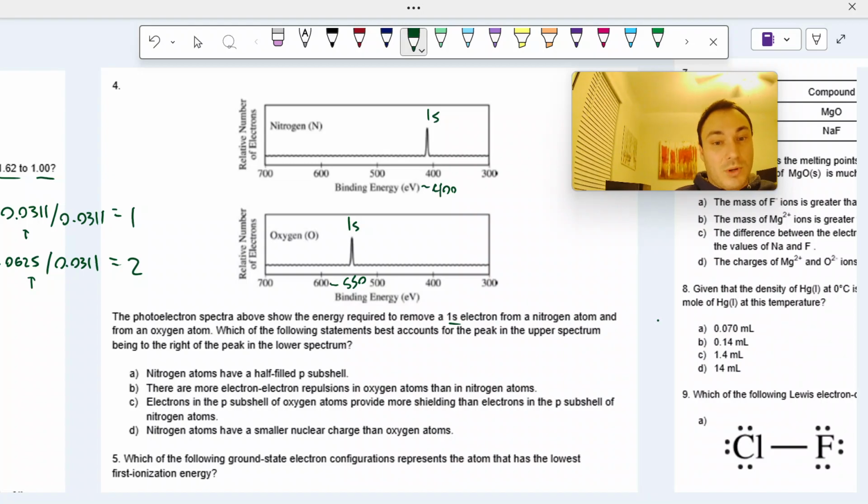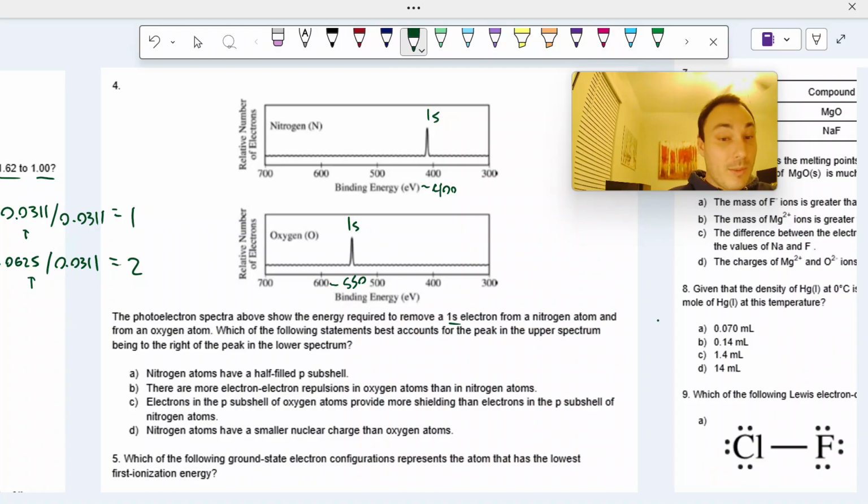Well, oxygen has one more proton. That's why. Oxygen has an extra proton, so it holds onto the inner level a little bit higher due to Coulomb's law. Nitrogen atoms have half-filled p subshells. That's not the reason. There are more electron-electron repulsions in oxygen atoms. That's not what we said. Electrons in the p subshell of oxygen atoms provide more shielding than electrons in the p subshell of nitrogen atoms.